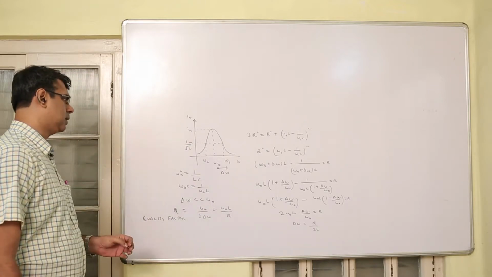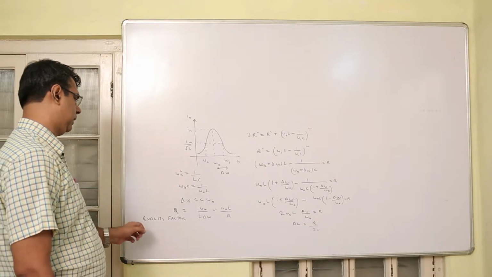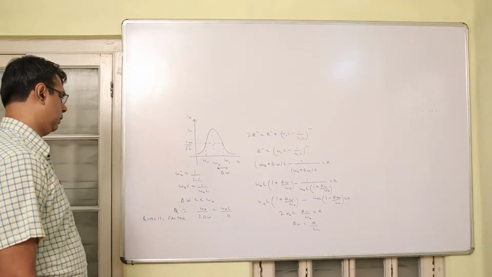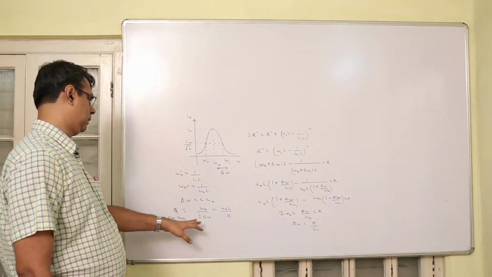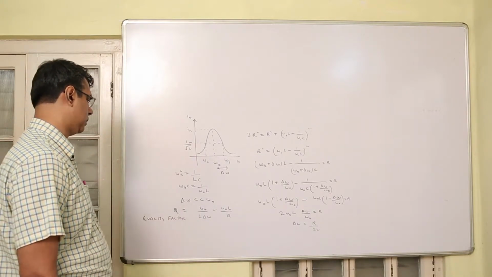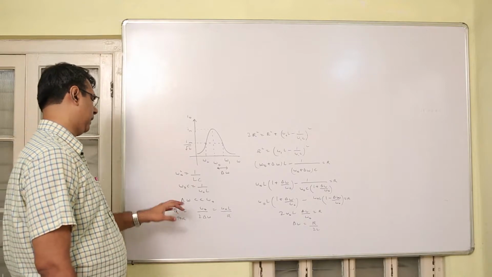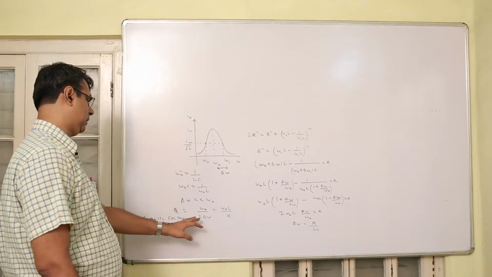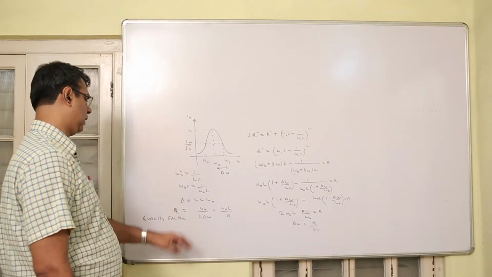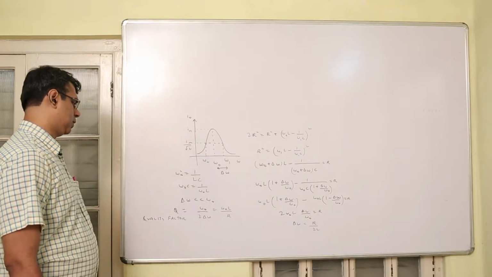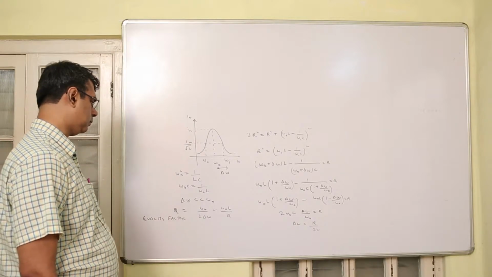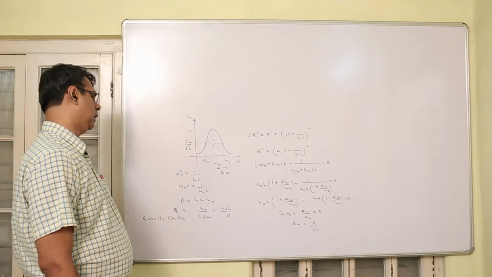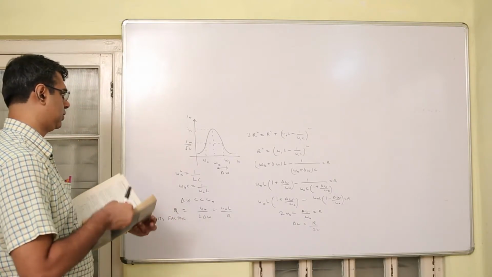Now why is quality factor a very important term? You see, in this circuit, if delta omega is very, very small, then quality factor will be very high. If delta omega is very large, quality factor will be very low. So if delta omega is very low, that means the resonance is sharp.